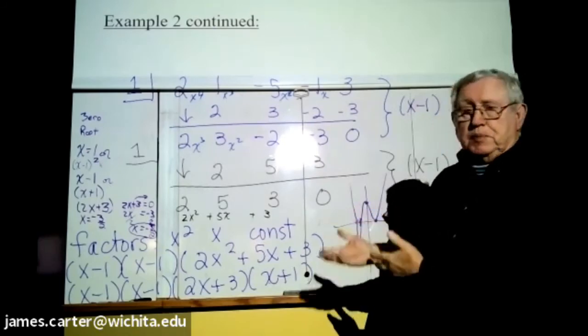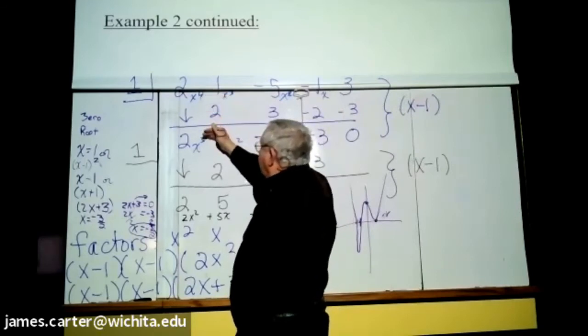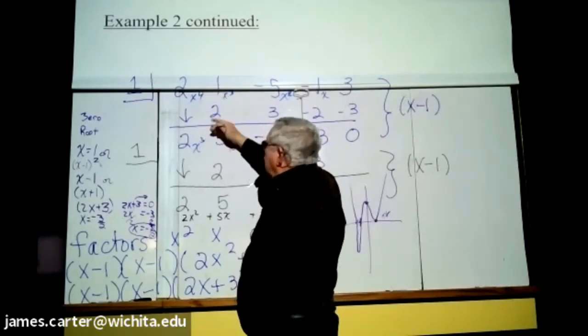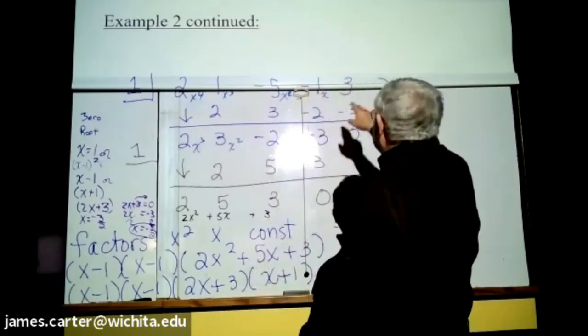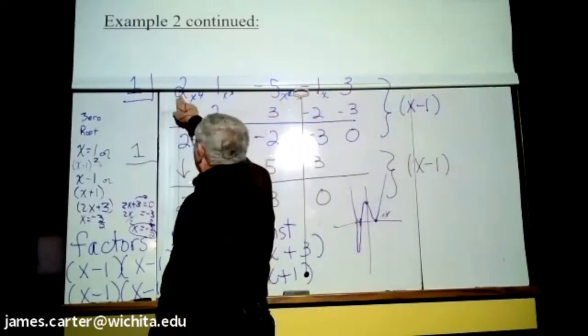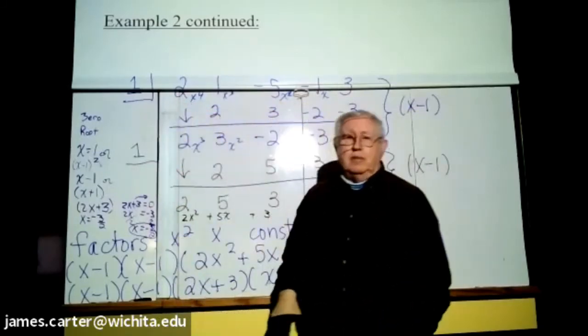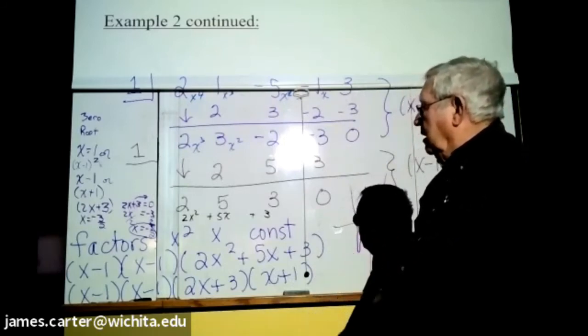So this process is about taking the original down 1 degree, using the rule based on the factors of the constant and the factors of the leading term to give you values to attempt.